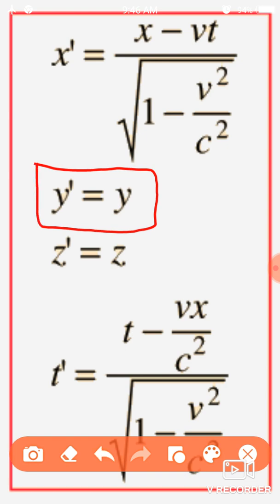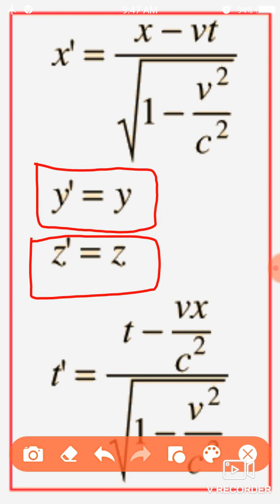This means that the y coordinate of the moving frame and lab frame is equal, and similarly the z coordinate of the moving frame and lab frame is equal, because the moving frame is only moving along the plus x axis with velocity v.